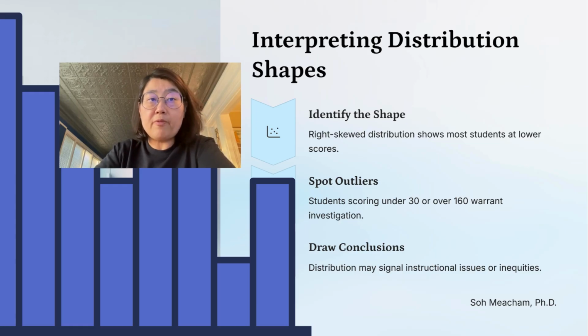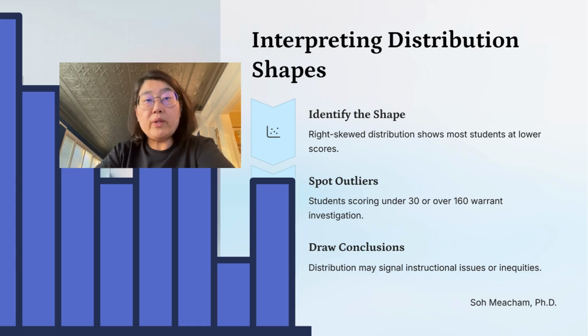Now, suppose there are few students with scores under 30 or over 160. These are outliers, data points that fall far outside the overall pattern. Outliers in education are always worth a closer look.